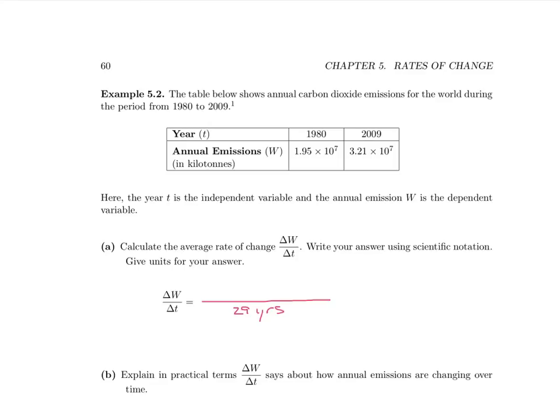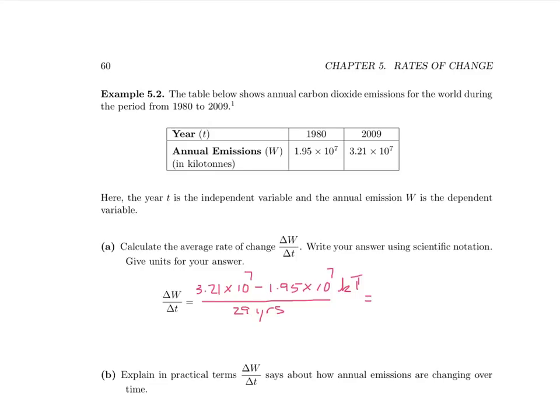If we take the final amount, that's the 3.21 times 10 to the 7th, and we subtract the original amount, 1.95 times 10 to the 7th, and this is kilotons, which I'm going to abbreviate with KT. This is what we need to calculate.